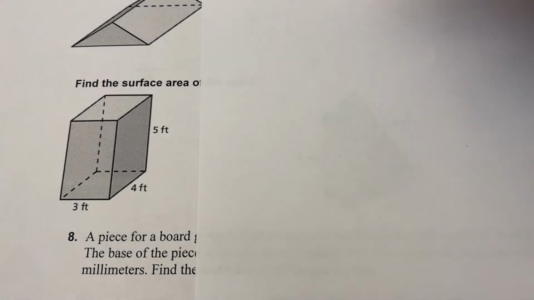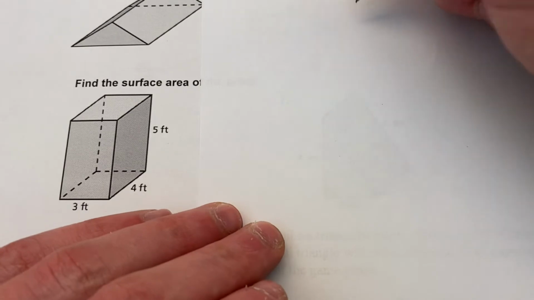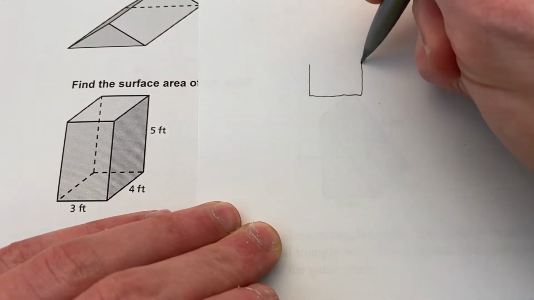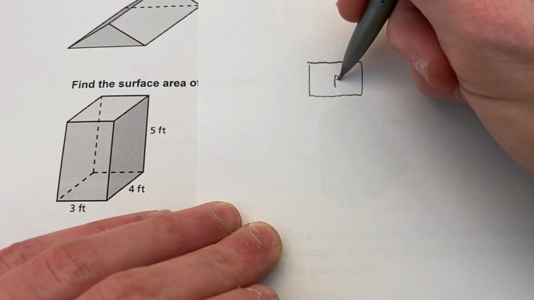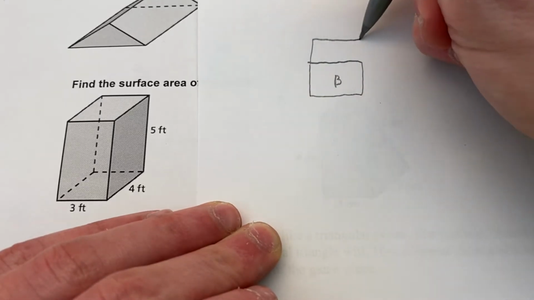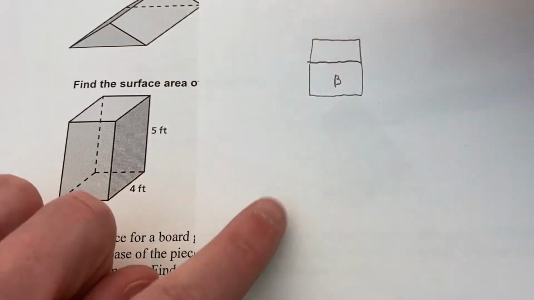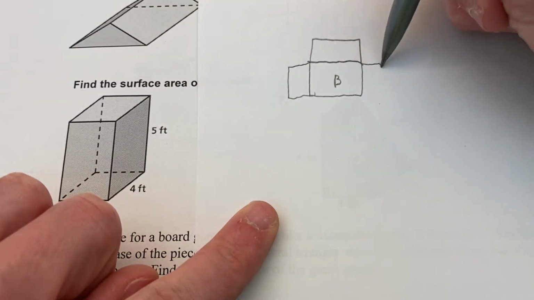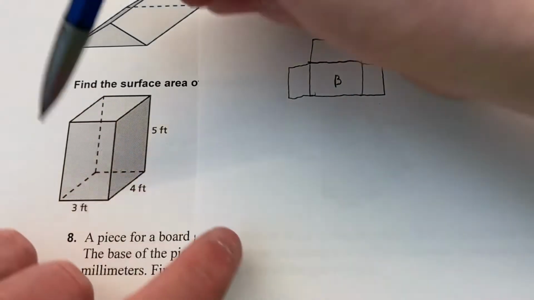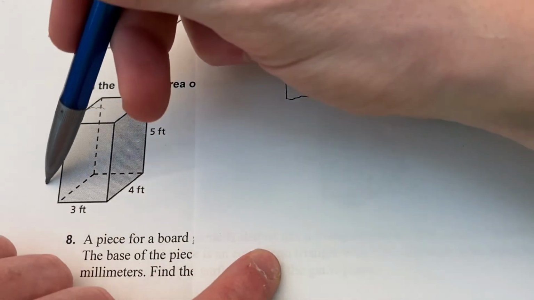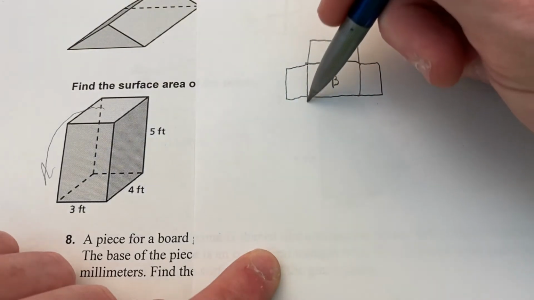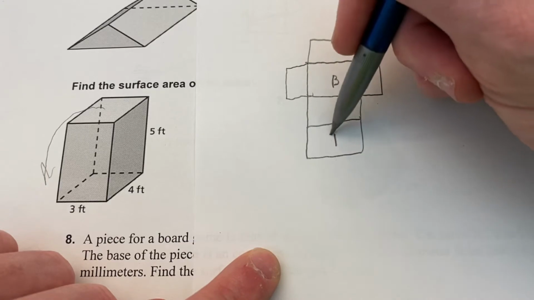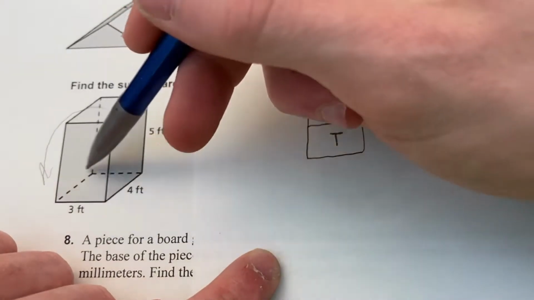We know the net of our rectangular prism starts off with our bottom here, the back side of our rectangular prism here, and then we fold out the sides right here. Then the top, remember, on my nets, I have the top fold out to the front. So folding this out, this is the top, and this is the front of my shape.